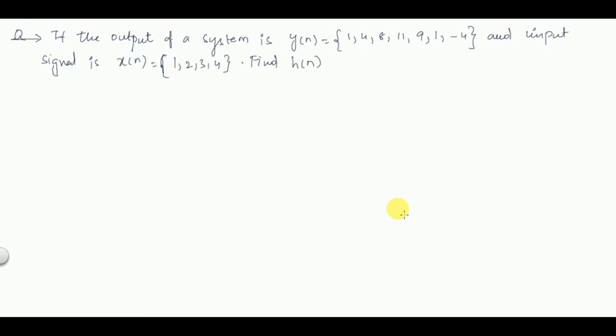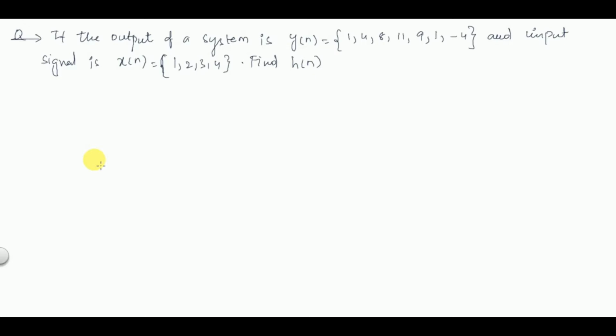So in this video we will see two examples on linear convolution. I have already done a video on how to find the linear convolution. If you have not seen that video, please pause here, go to that video, understand the concept of linear convolution and come back over here so that you will understand this concept easily.